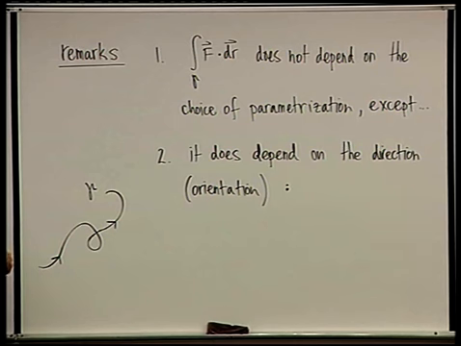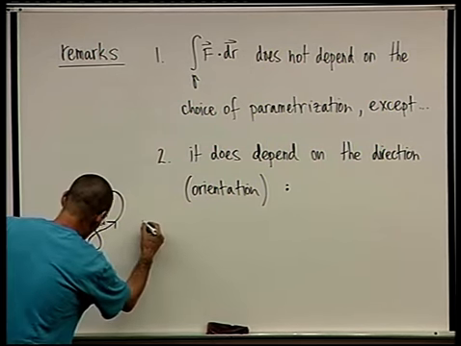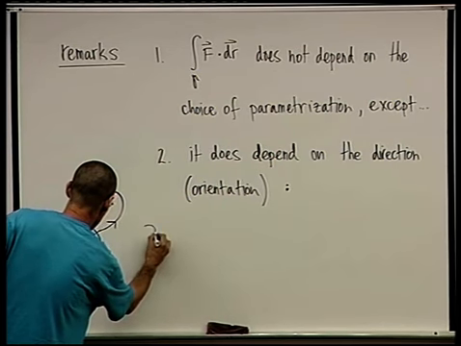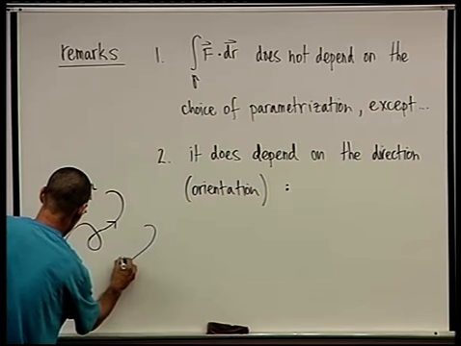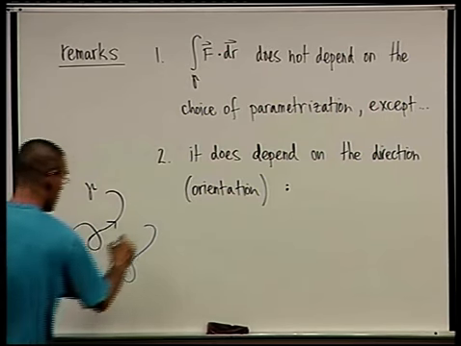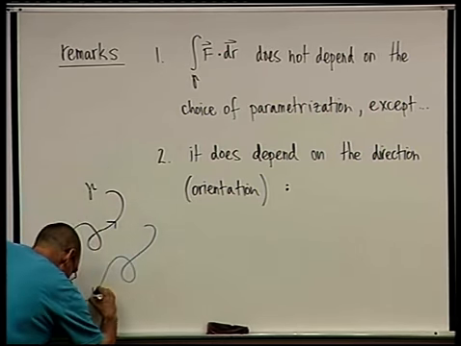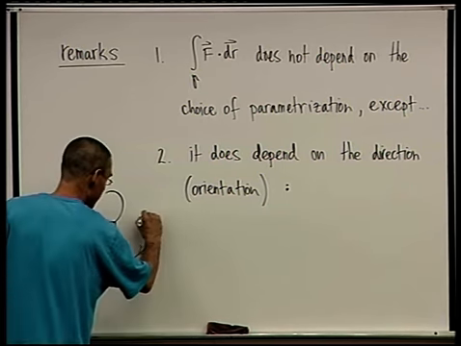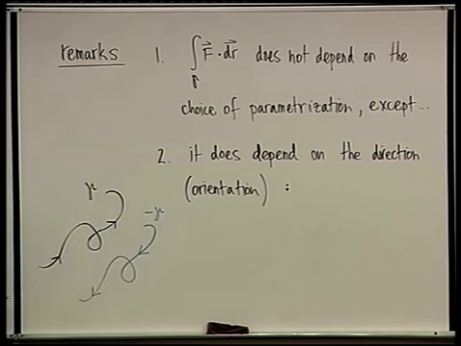The curve going the other way, so the exact same curve, and of course I didn't make a simple thing that I can easily draw again, but let's give it a shot anyway. Okay, so this, when going the other way, is called minus gamma. Going along the same curve in the other direction is denoted by minus gamma.